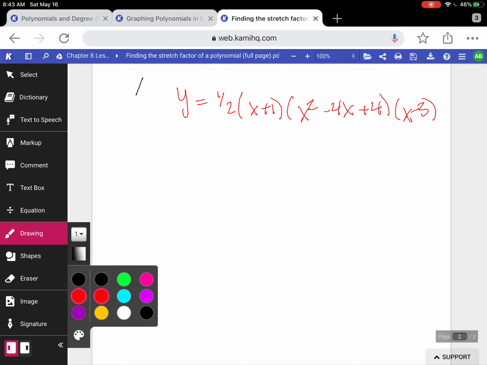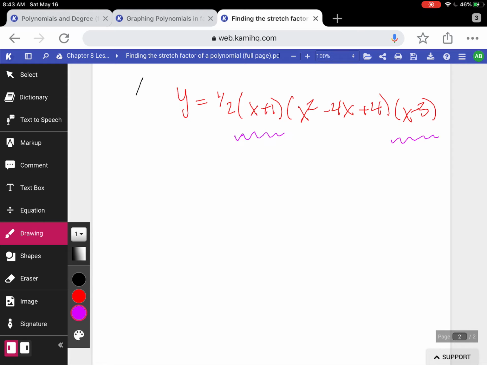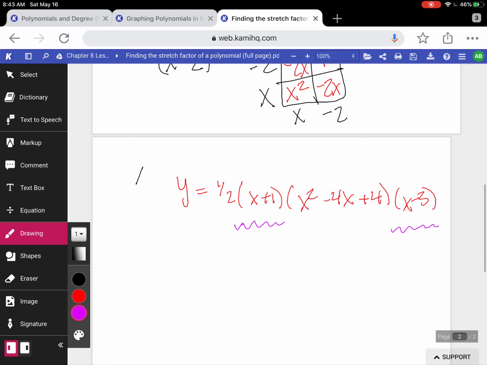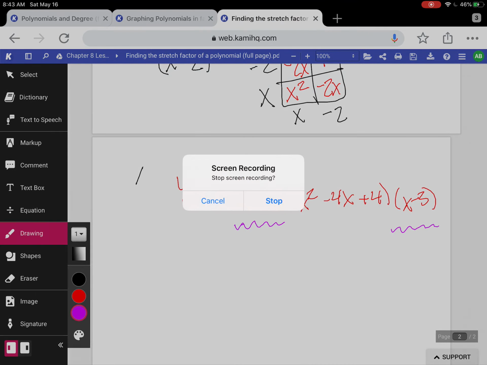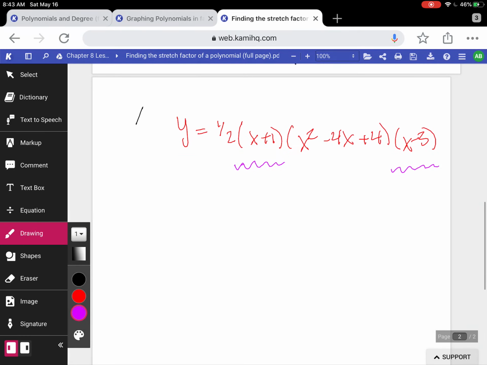Okay, and then next what I would do is I would actually multiply this and this together. So again, we are going to have that generic rectangle. So we have x plus 1 and x minus 3.